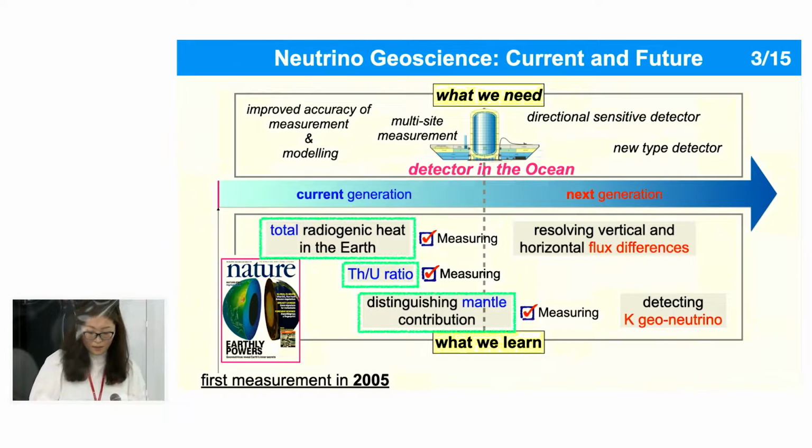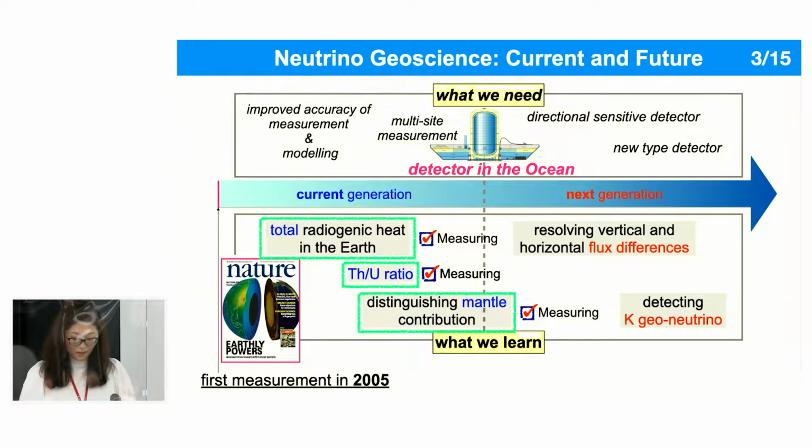We call this kind of science neutrino geoscience. This slide shows a summary of what's going on and what will happen in the future in neutrino geoscience.